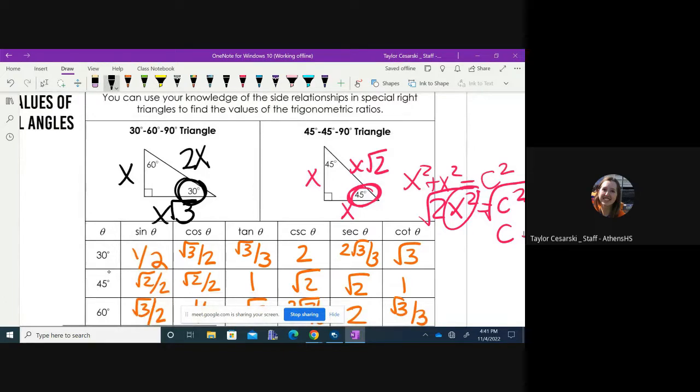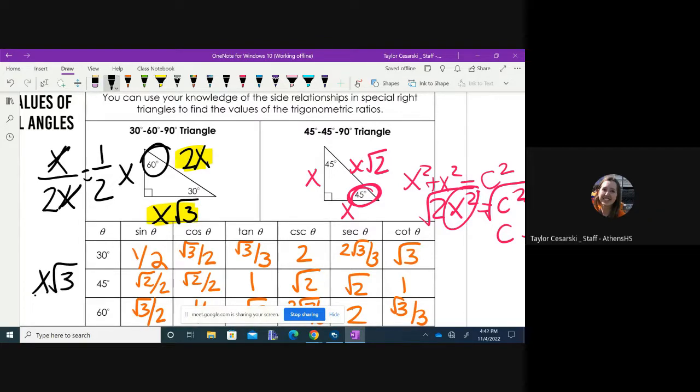Sine is opposite, which is x, over hypotenuse, which is 2x. So that gives me 1/2. If we did sine for 60 degrees, which is up here, opposite is x square root 3, hypotenuse is 2x, and that's how we get this square root 3 over 2. Okay, because remember, those special relationships exist for those special right triangles.